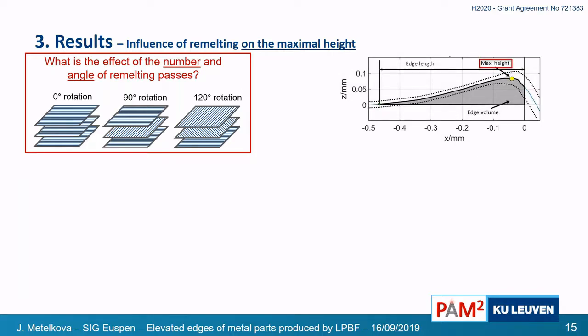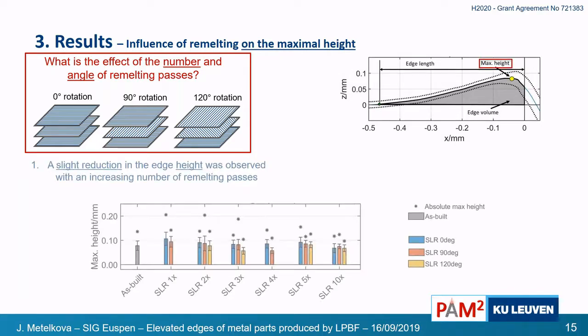So first, if we have a look at the maximum height, we can see that after the first remelting pass, the maximum height increases from 75 to 100 micrometers, and then it starts to decrease till about 70 micrometers. The rotation angle doesn't seem to have any significant difference, so it seems to be more the number of remelting passes and not the rotation angle.